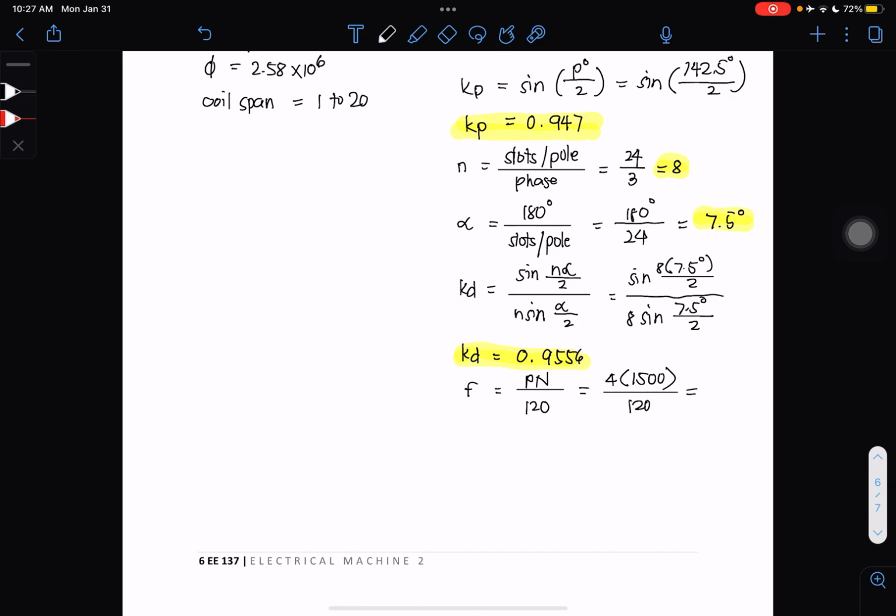So our frequency will be 50 Hertz. So take note that since not specified, assume that there are 2 coil sides per slot. Since it was not specified, we assume that there are 2 coil sides per slot.